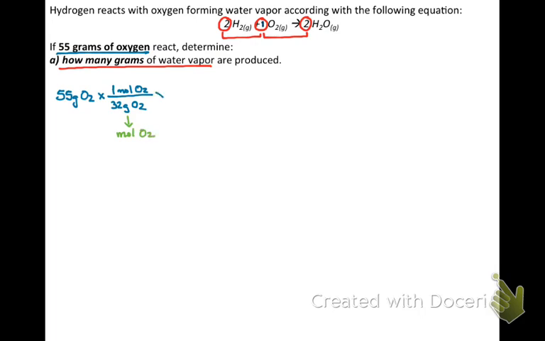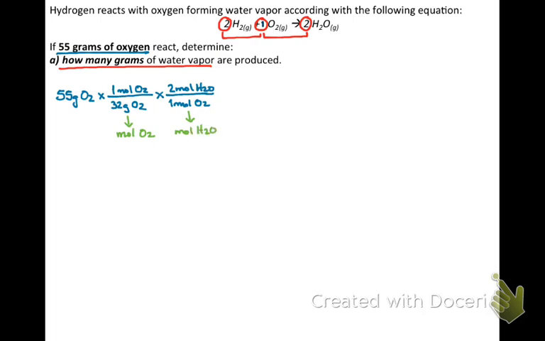Then these moles of O2 need to be transformed into moles of water. So here I will use the mole ratio. The mole ratio is 1 mole of oxygen that is equivalent to 2 moles of water. If I stop the calculations here, my result will be moles of H2O.